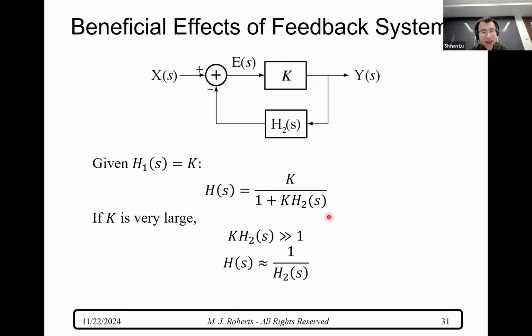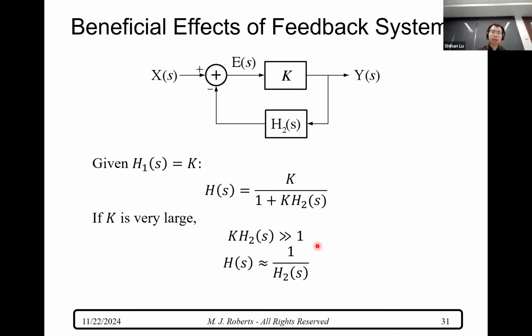So if you set k as a very large value, then in the denominator, k times H2 of S will be much bigger than 1, right? Much bigger than 1 for certain S. If k is extremely big, no matter the value of H2 of S, at least for some S, maybe not for all of the S, k times H2 of S will be very big, at least much bigger than the constant 1.